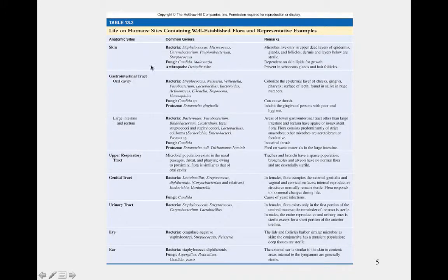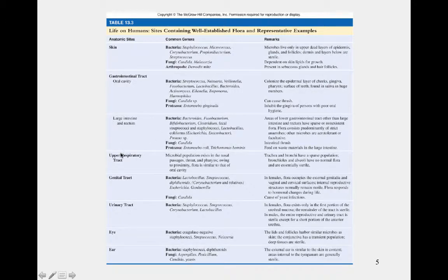So these are normal. Within the GI tract, especially the large intestine or the colon has the majority of bacteria and very diverse. Strep, Neisseria, Fusobacteria, lactobacilli. These are also found in the mouth actually.